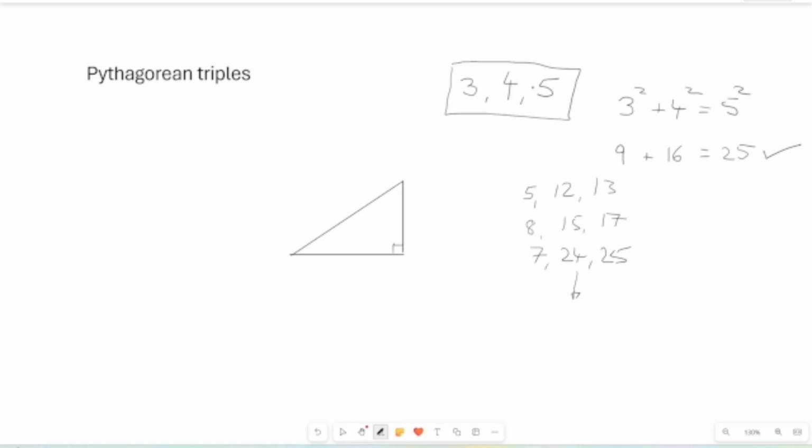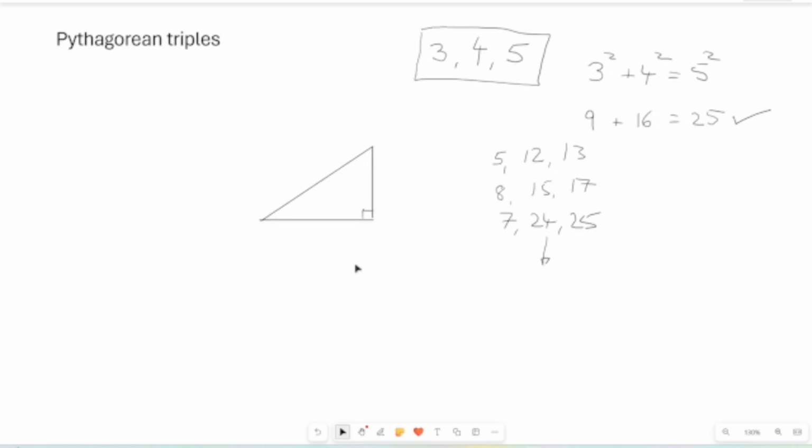They happen to be consecutive numbers as well, which makes them even easier to remember, as well as being able to work out the lengths of these sides, given 2 of them, and knowing it's a right angled triangle.